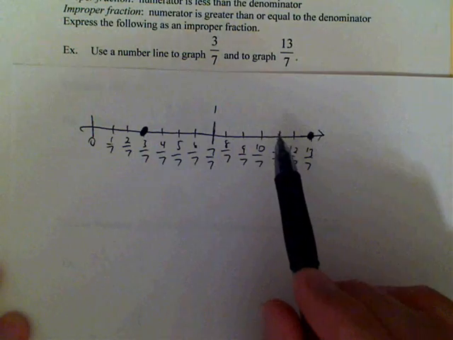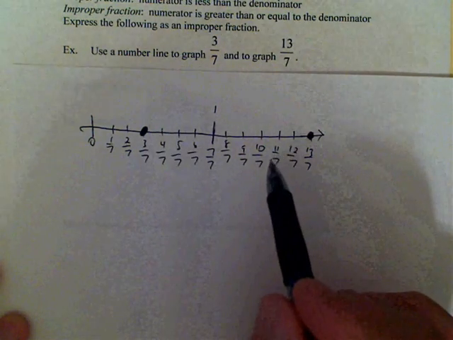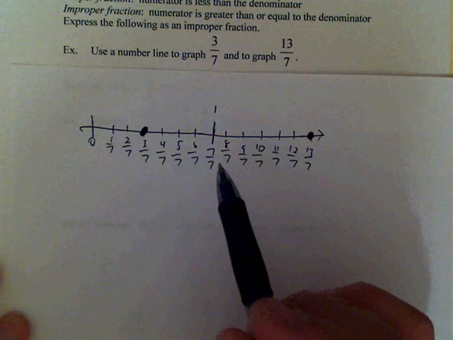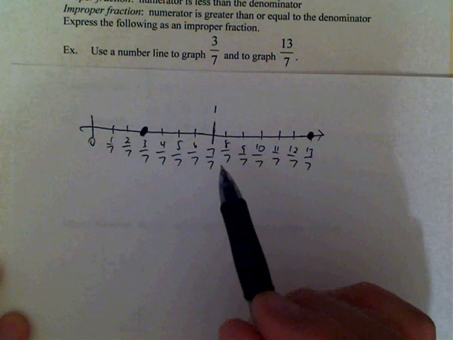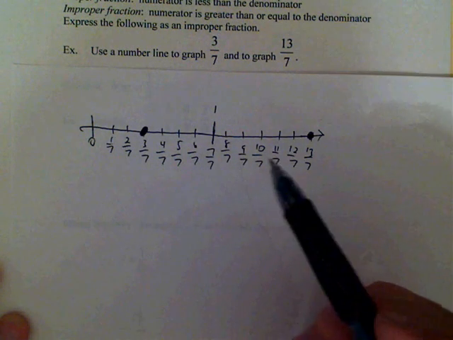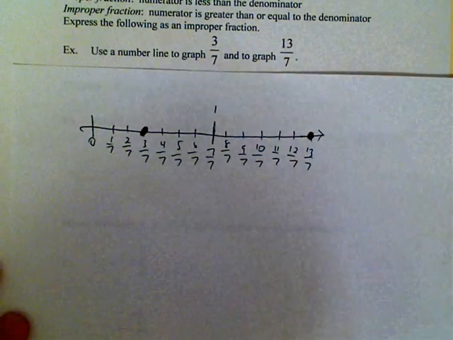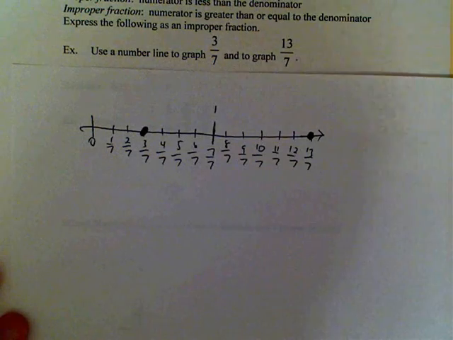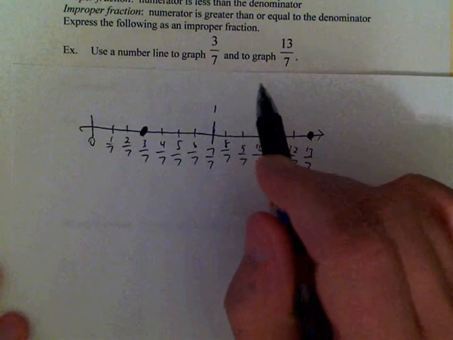And you may be wondering what's the purpose of knowing this, or where will I use this in real life? A ruler. Rulers divide up into fourths, halves, sixteenths, and so on, depending on what kind of ruler you have. And so this is an example of a fraction using a number line.